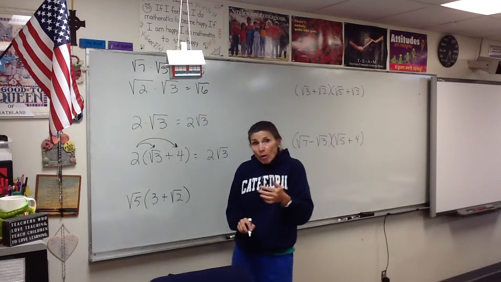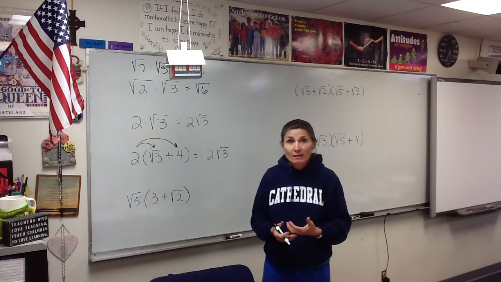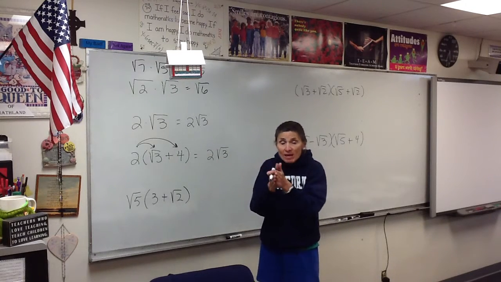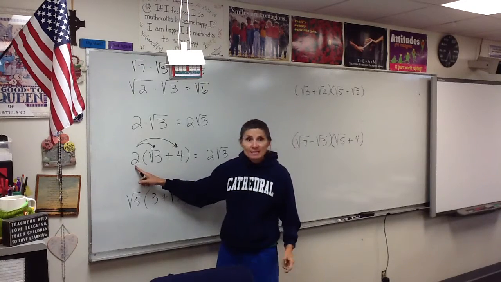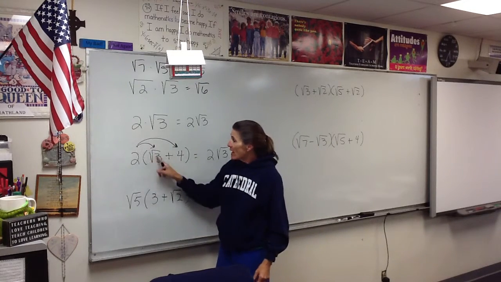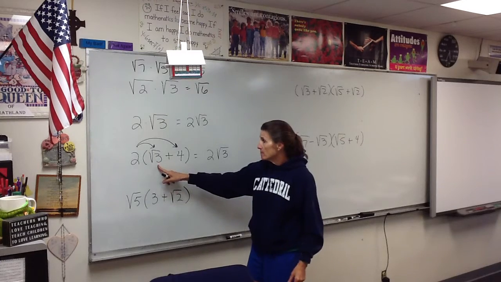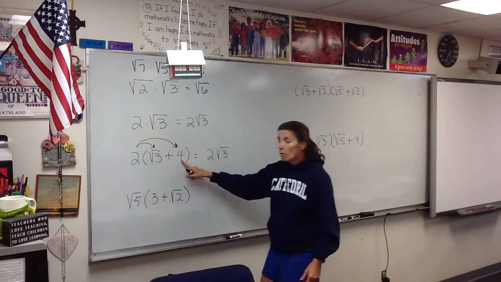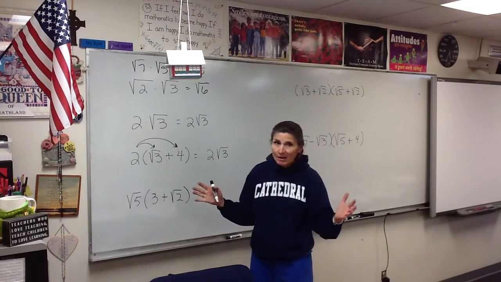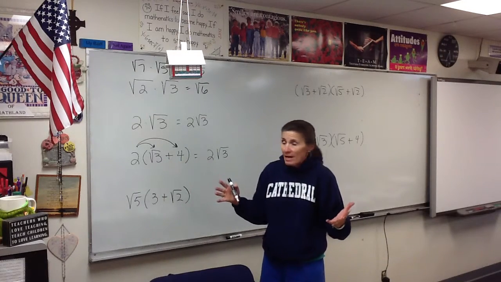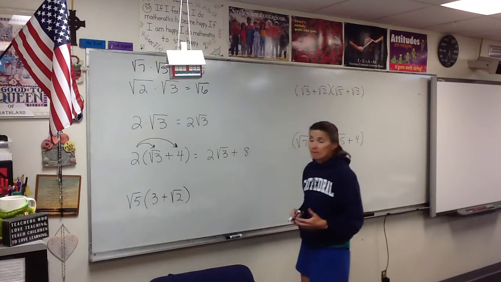Remember, when you are multiplying expressions with radicals, you can combine them if they are both under the radical. The 2 is not under the radical. So that gives me 2 radical 3. Now what about 2 times 4? Well, don't make this hard. 2 and 4 are not under radicals, so we're just going to multiply them and get plus 8.